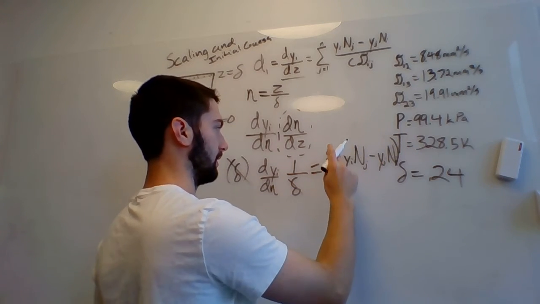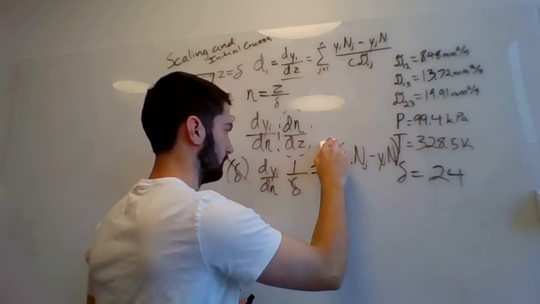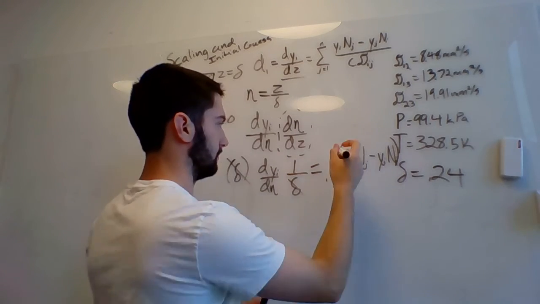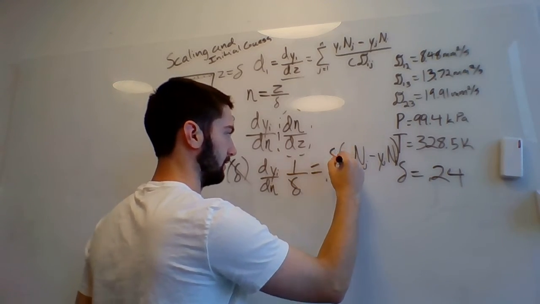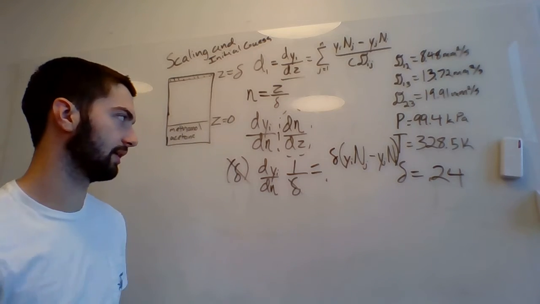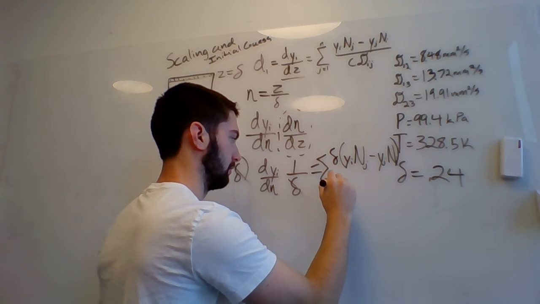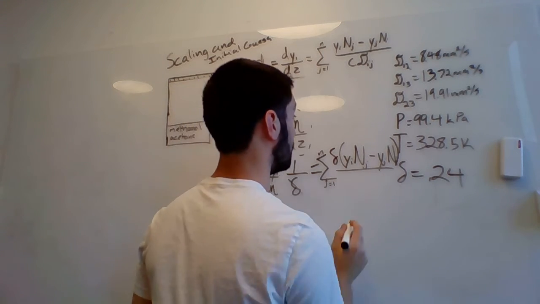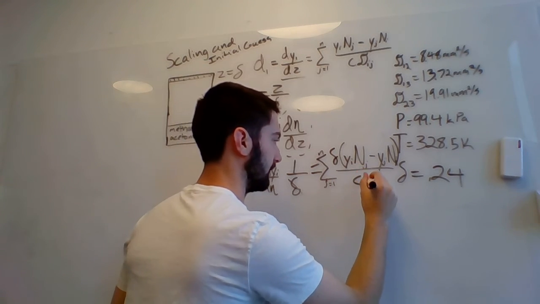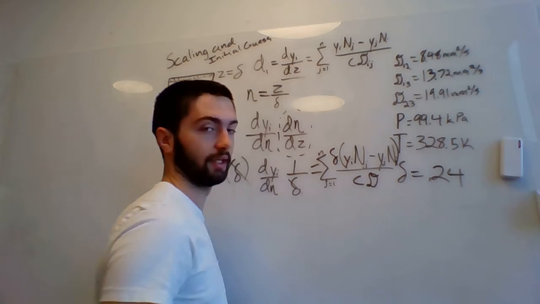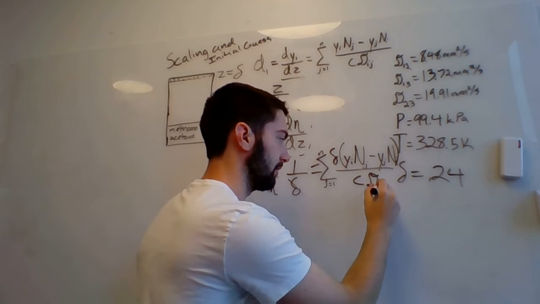And that is all multiplied by delta, since we multiplied delta onto both sides. And it's still over the concentration times the Stefan-Maxwell diffusivity for the two components.